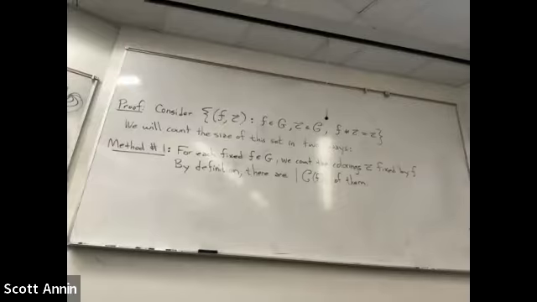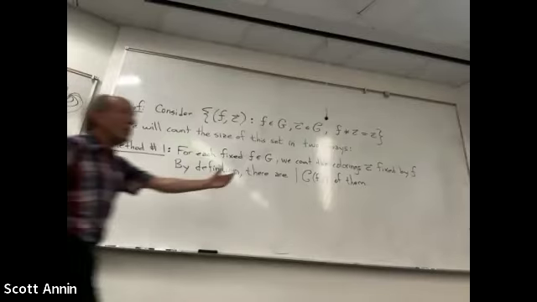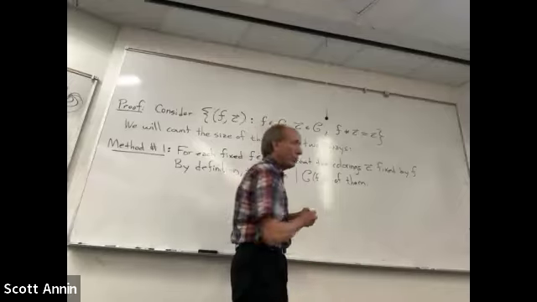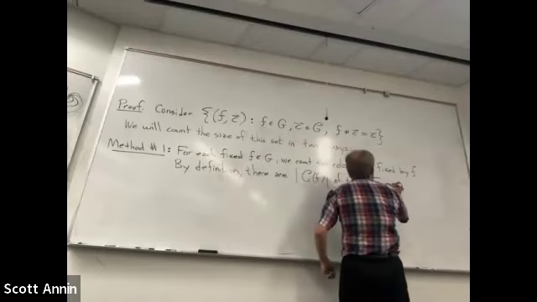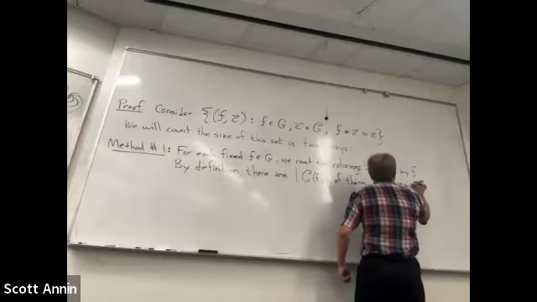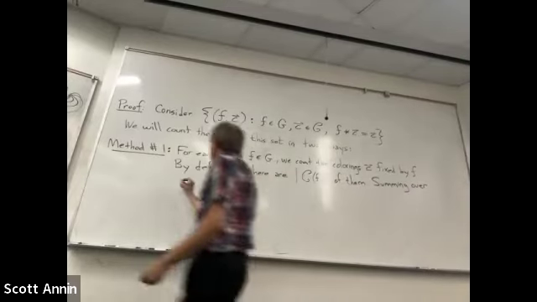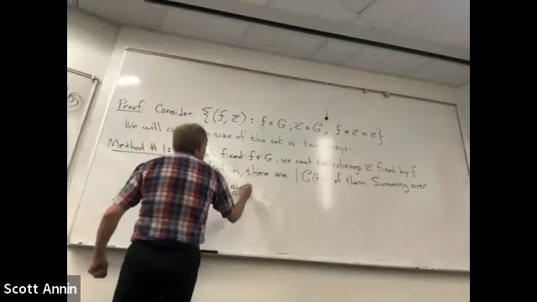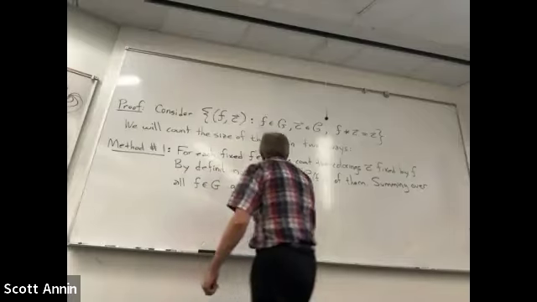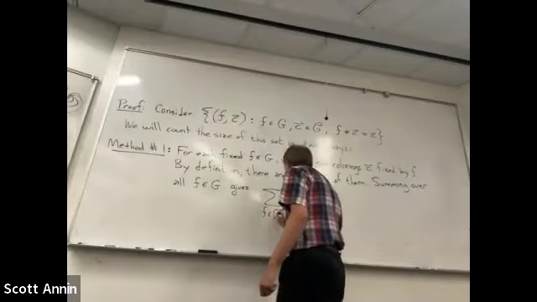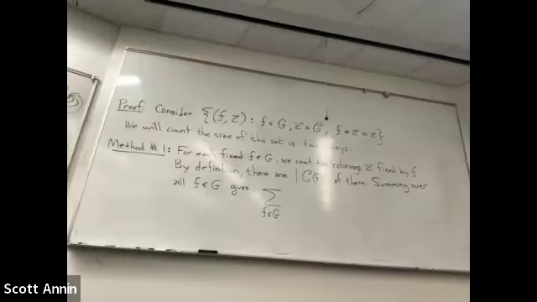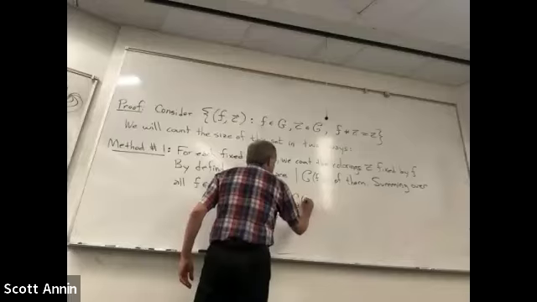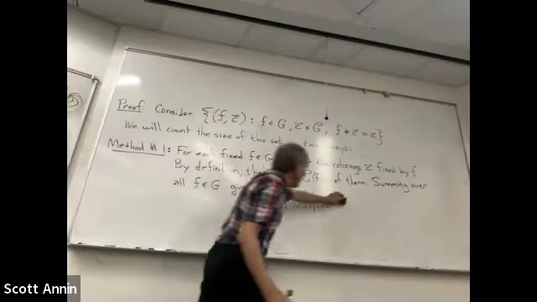So for each fixed F, we're going to find this number, and then we're going to add that up over all of the Fs. So summing over all little f's in G gives us, well, I'm actually going to write it as a summation of F running over the elements of G of the size of script C of F. That's what we actually have there.